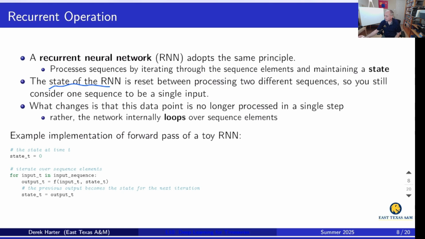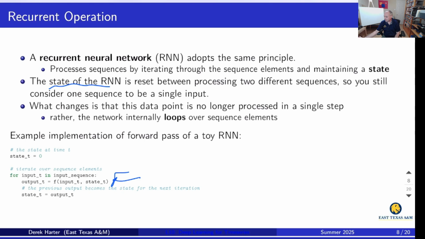You can think of this as some Python pseudocode. It's as simple as this. For a single input sequence that's a time series, we iterate over each input in the time series and perform some function. These are tensor operations, and we'll get more details on the next slide. That gives the output, and it updates the state.